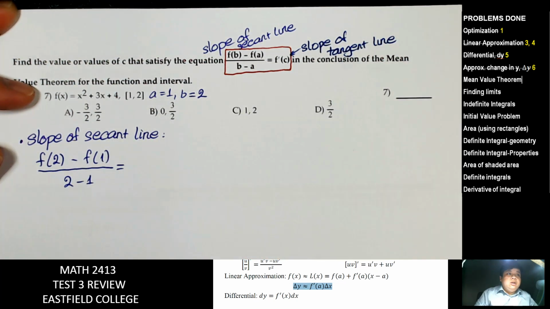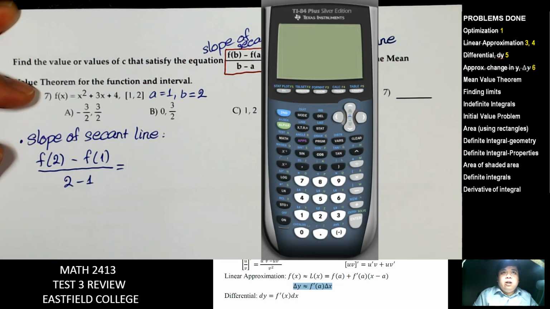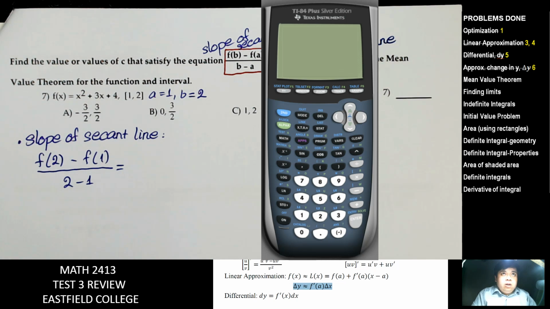So put the calculator quickly here. Right. So I just store the values of 0, 1, and 2. So put that in the curly brackets, then store into list 1.